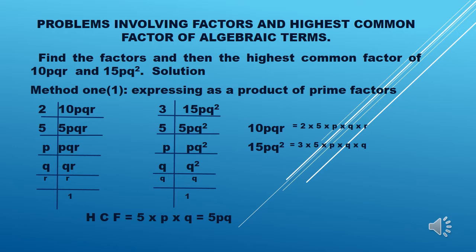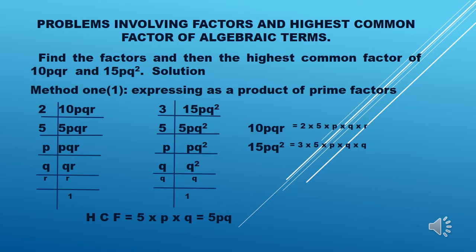Starting from the least prime number, we have 2. 2 divided into 10, 5 times. Then we have our pqr. Another prime factor of 5 is 5. 5 divided by itself, we have 1, and then we have pqr.